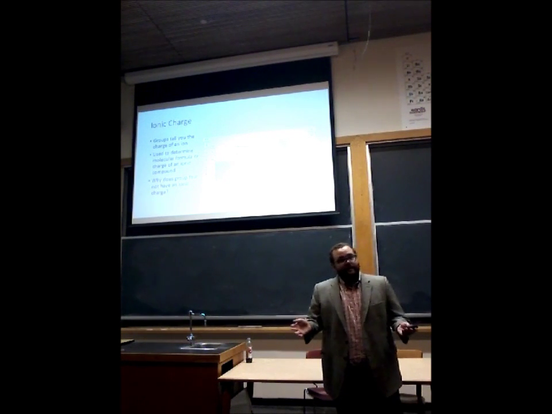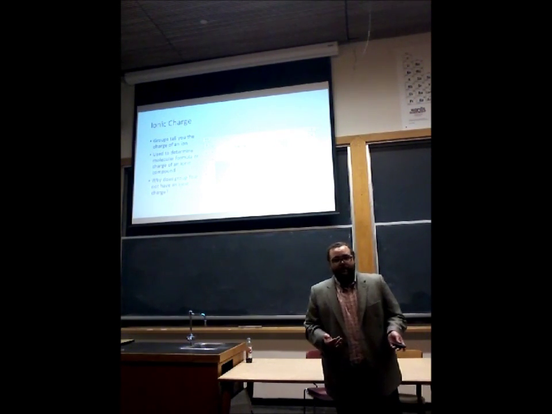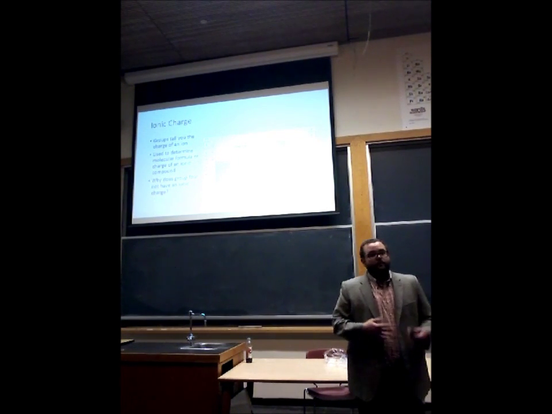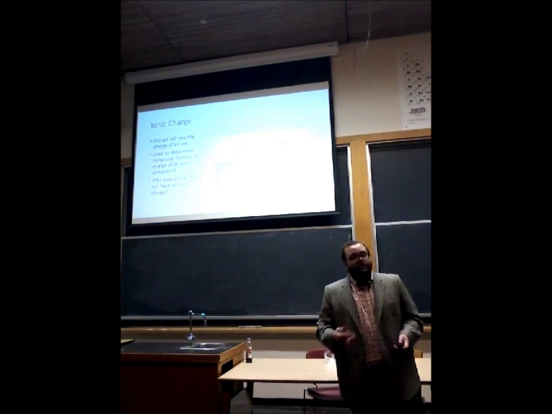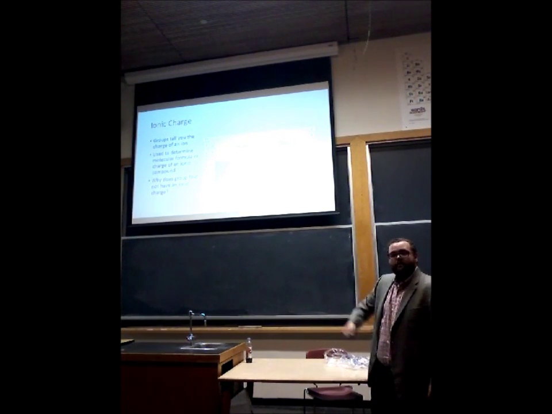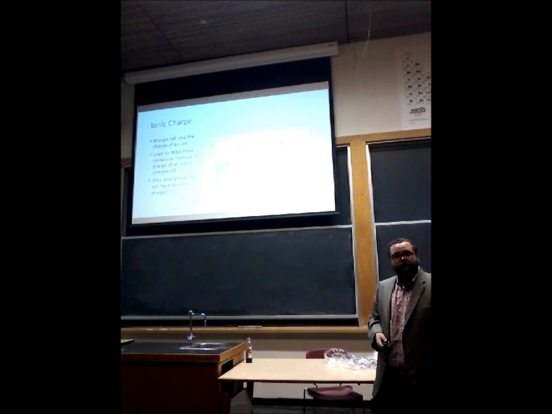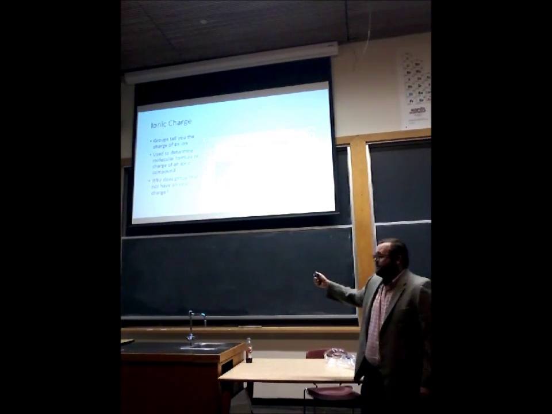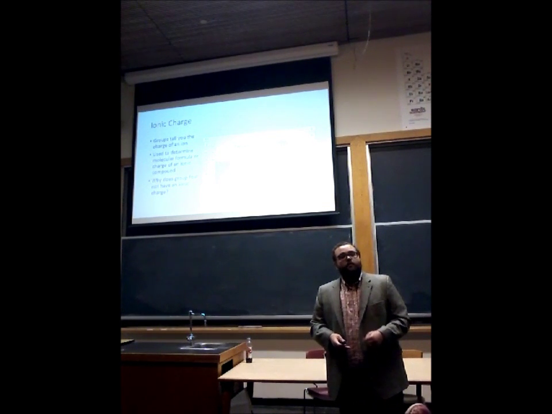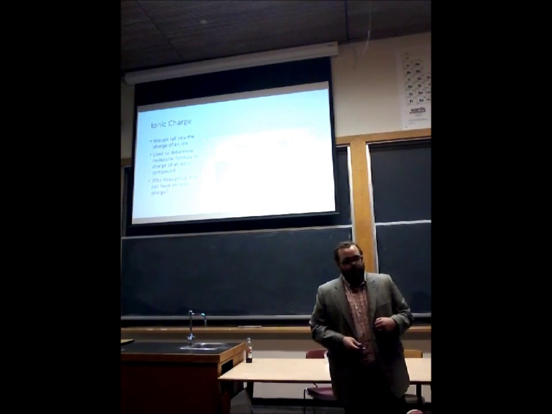So is it going to be easier to gain 7 or lose 1? Well, it's going to be easier to just lose 1 electron. So if it loses 1 electron, it's going to form a +1 charge. So all the elements in group 1 form +1 ionic charges. Group 2, same thing. It's easier to lose 2 than gain 6, so it's going to form +2 ionic charges.